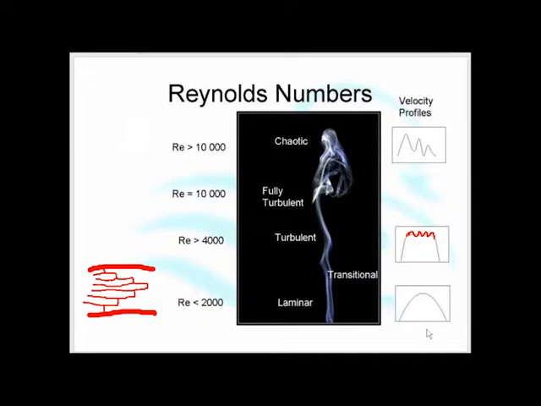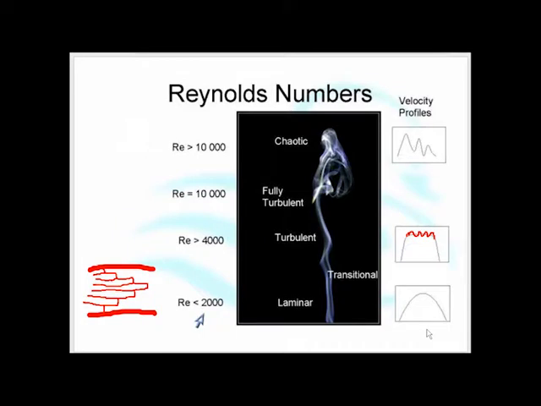Now, the thing that's important about turbulent flow is that essentially, across the vast majority of the pipe diameter, all of the flow is about the same. If we go anything in between laminar and turbulent, we call it transitional.